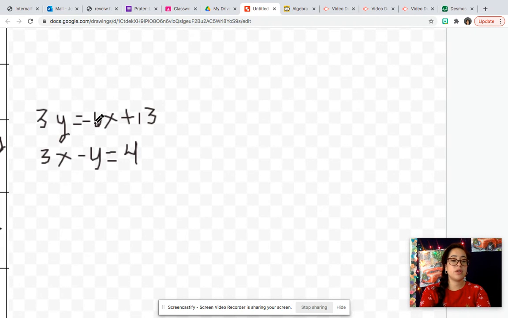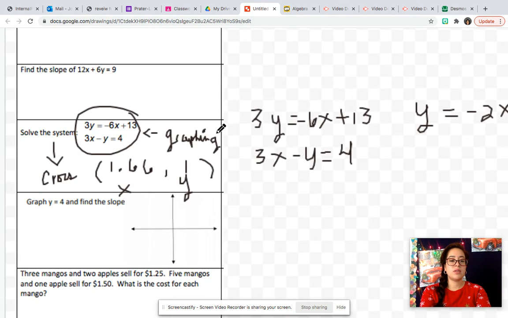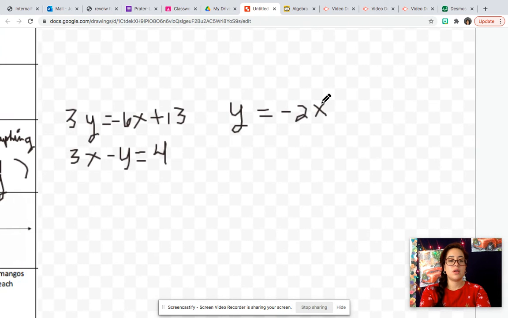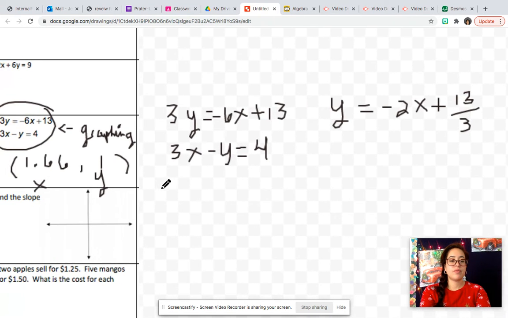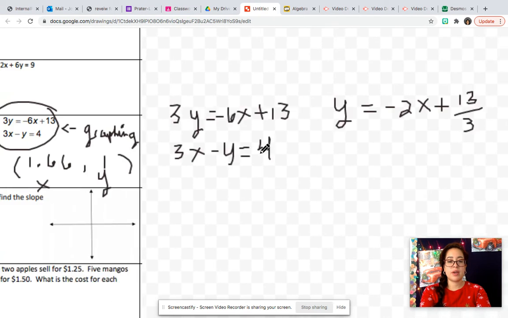Similarly to what I did on the Desmos calculator, I'm going to divide by 3 on both sides. The first equation becomes y equals negative 2x plus 13 divided by 3. And then I could easily put that in the calculator.